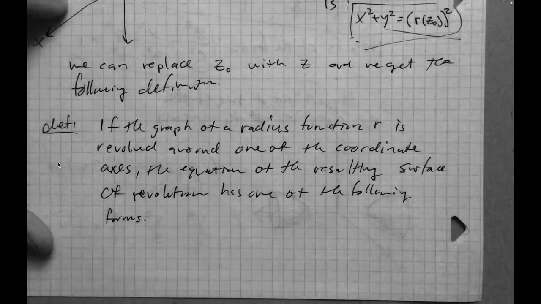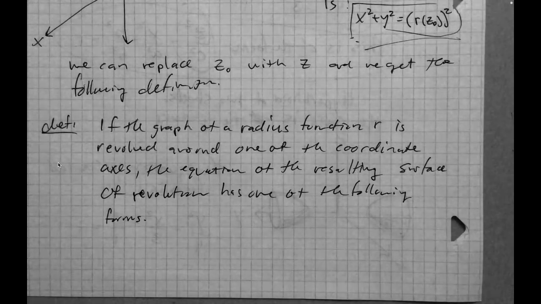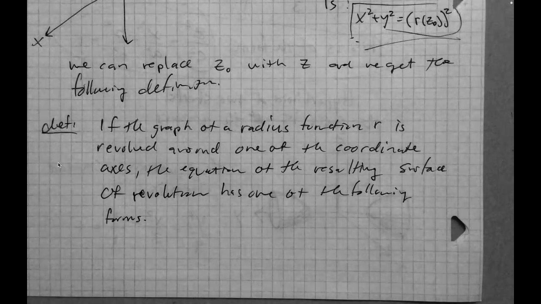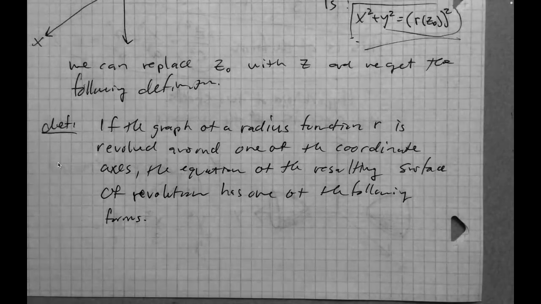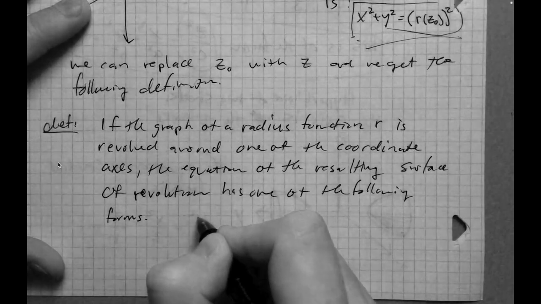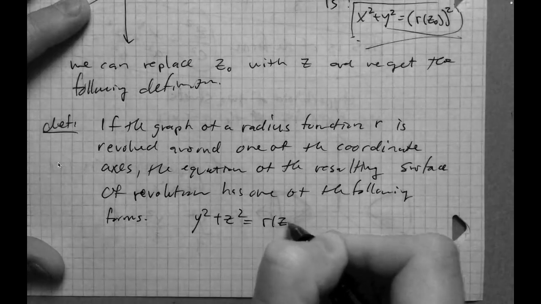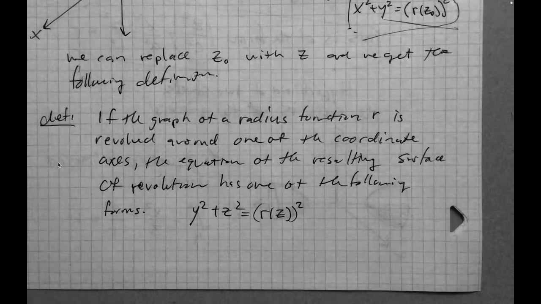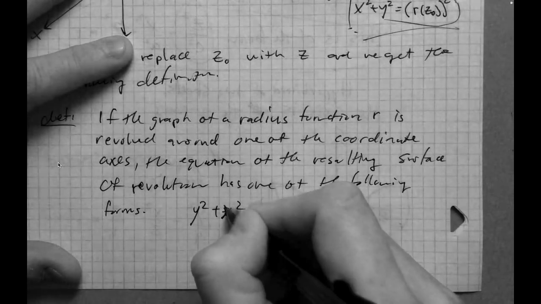The form will be almost exactly the same. It's just going to depend on which axis the radius function is being revolved around. So it'll look like this.